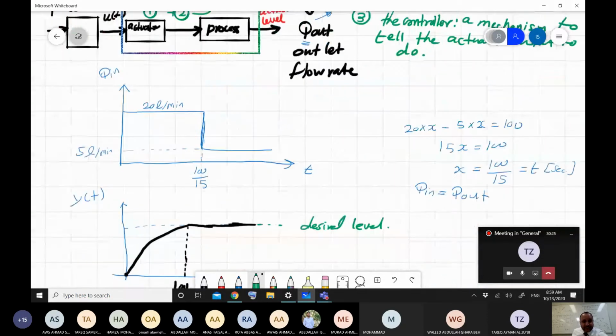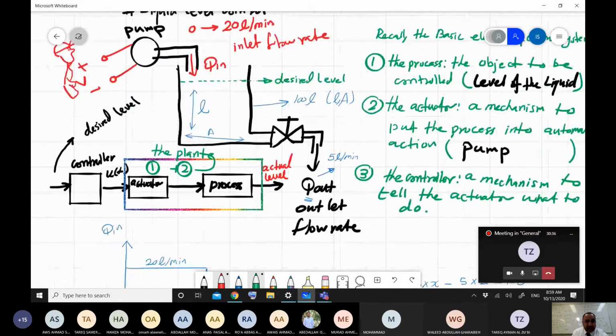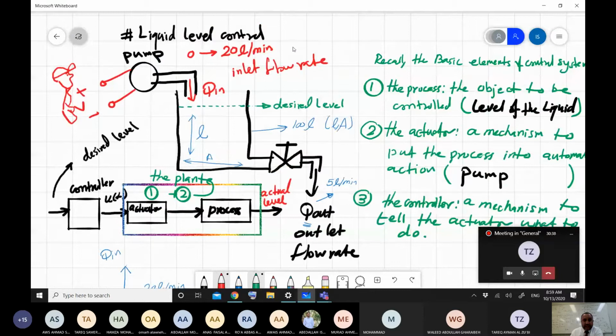Now, before that, in order to achieve this flow, let's assume that this is linearly proportional with the voltage. So this will be from 0 volt, let's make it easy, until 20 volts.